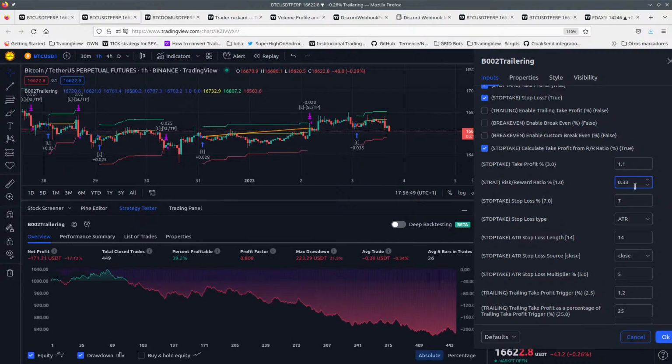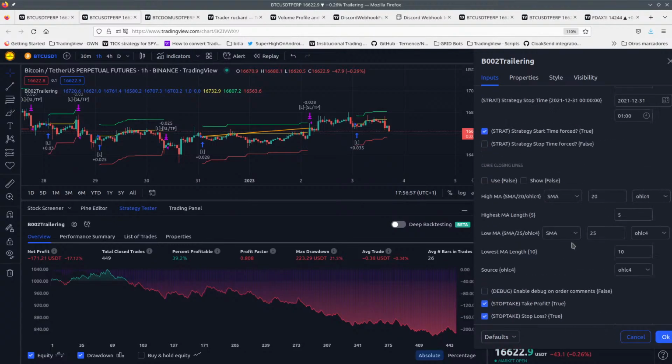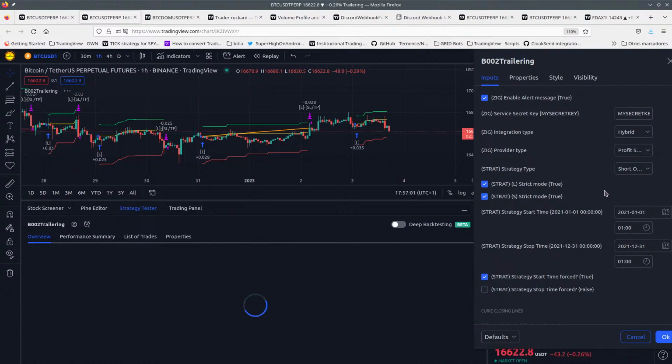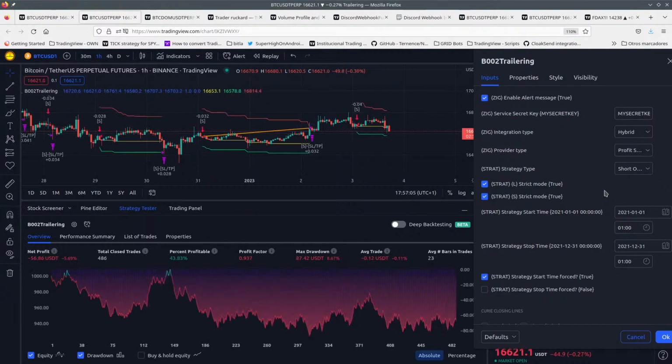You will manage to reach up there. Okay, I think this is a bit better. 0.33 is nice. What about short only? Yeah.